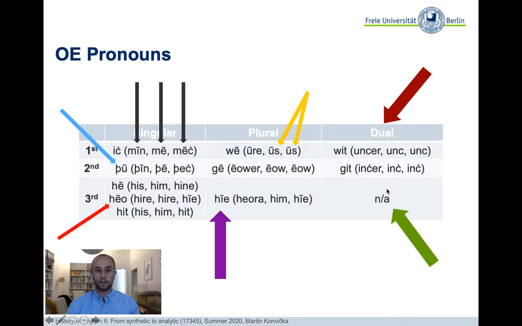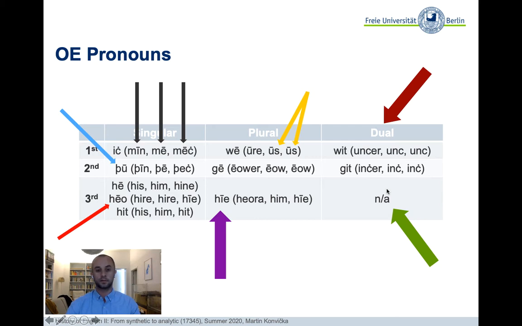As you might remember from our reading of the colloquies, Old English had a very complex system of pronouns. They had the normal singular and plural pronouns, right? And every pronoun had a genitive, dative, and an accusative form.